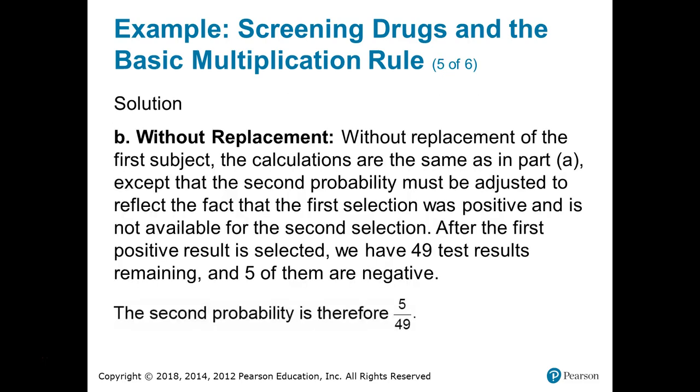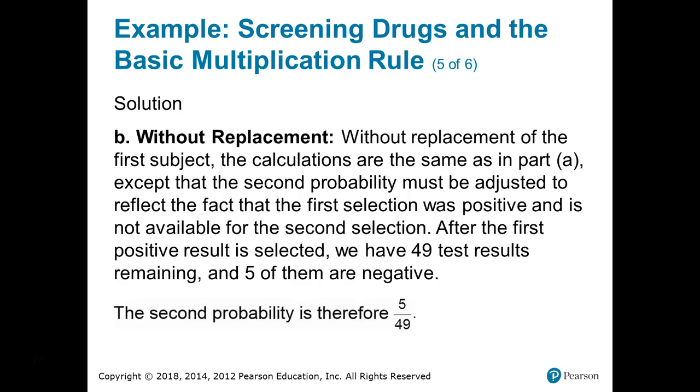Okay, so let's look at it. Without replacement of the first subject, the calculations are the same as part A, except that the second probability must be adjusted to reflect the fact that the first selected person was positive and is not available for selection for the second trial. So the first trial is still 45 over 50, because the first person that we selected has a positive test result.